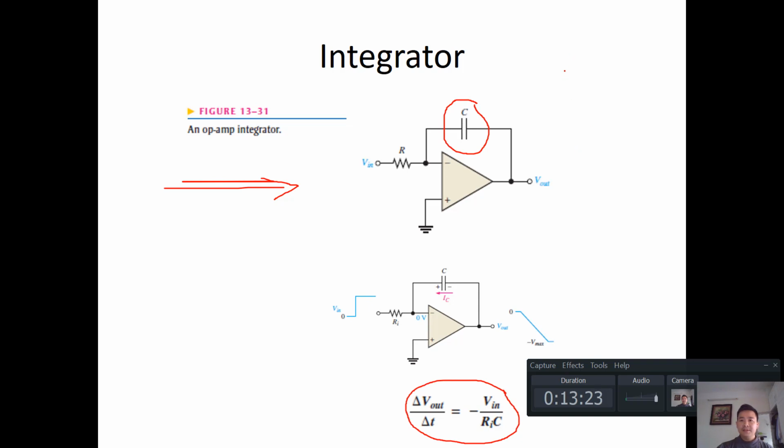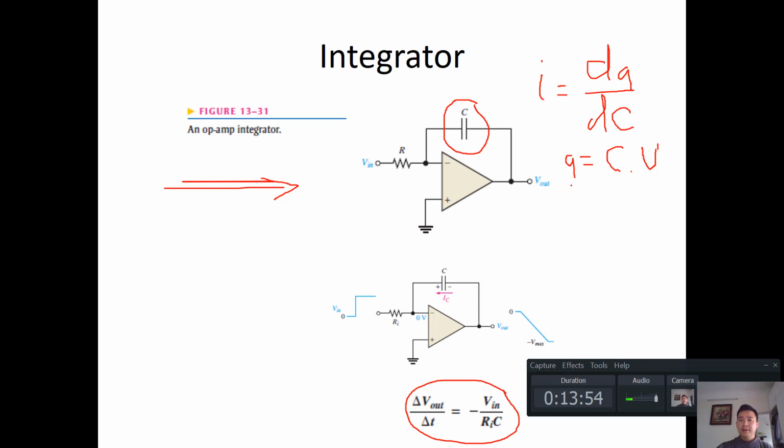Pay attention that the current which goes through the capacitor, I, equals dq over dt, the differential, and q equals C multiplied by u. U is the voltage of the capacitor.